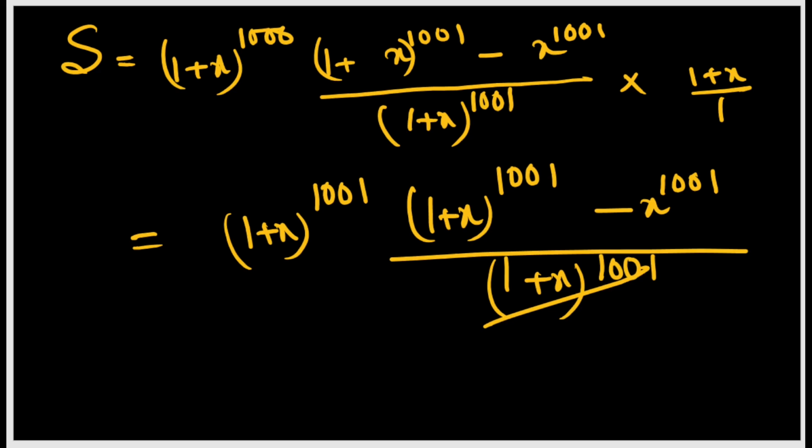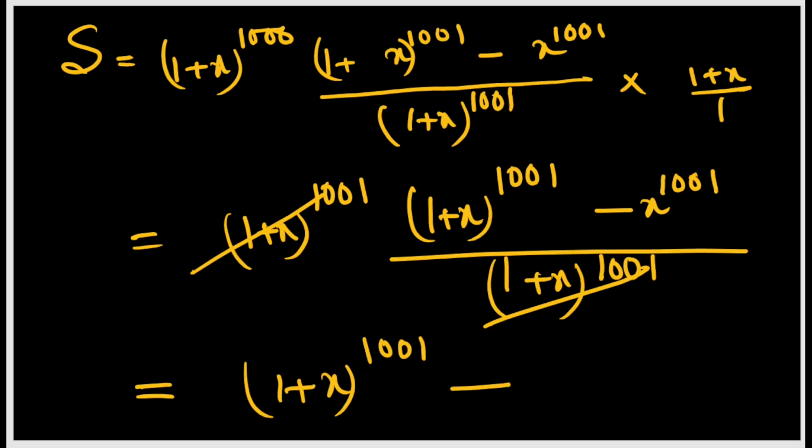So this term and this term are cancelled. So the final term we get is 1 plus x power 1001 minus x power 1001.